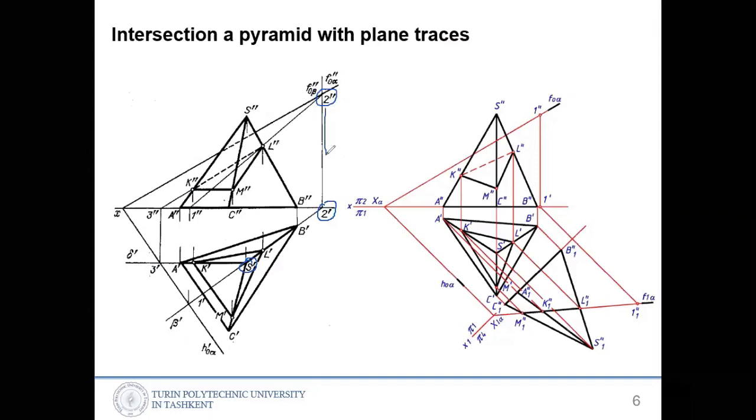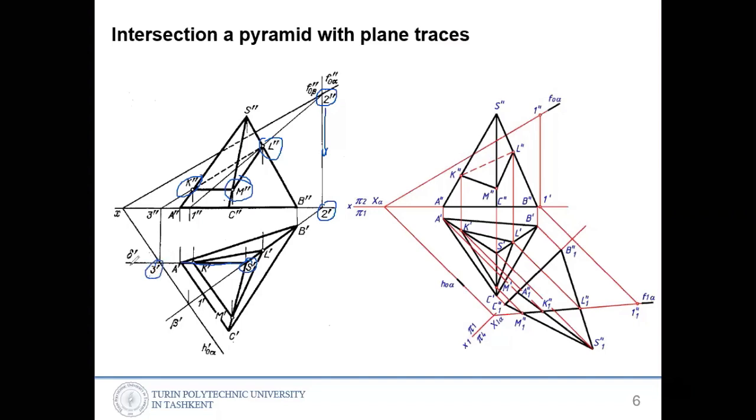So we are finding this 2 dash point, and then we are making this line. And what else? We need to find these points L2 dash, K2 dash, and M2 dash. Okay, so how to find them? Here the pyramid's edge is given in the beginning. That edge can generate this 3 dash.